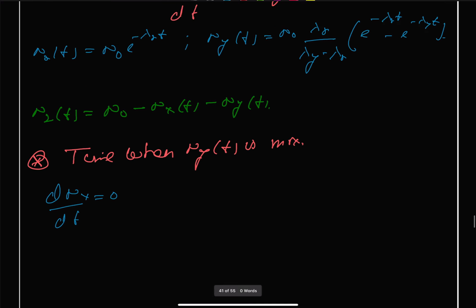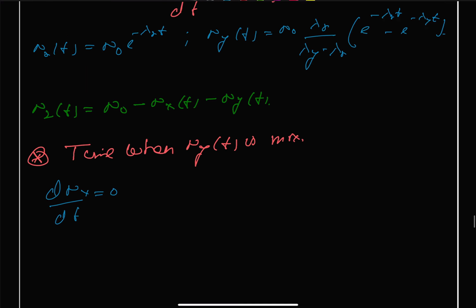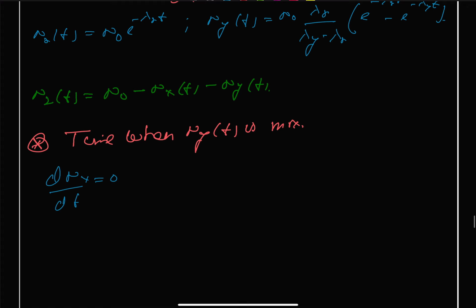Its equation is already known to us, or we can just directly say that lambda x e raised to power minus lambda x t will be equal to lambda y e raised to power minus lambda y t.